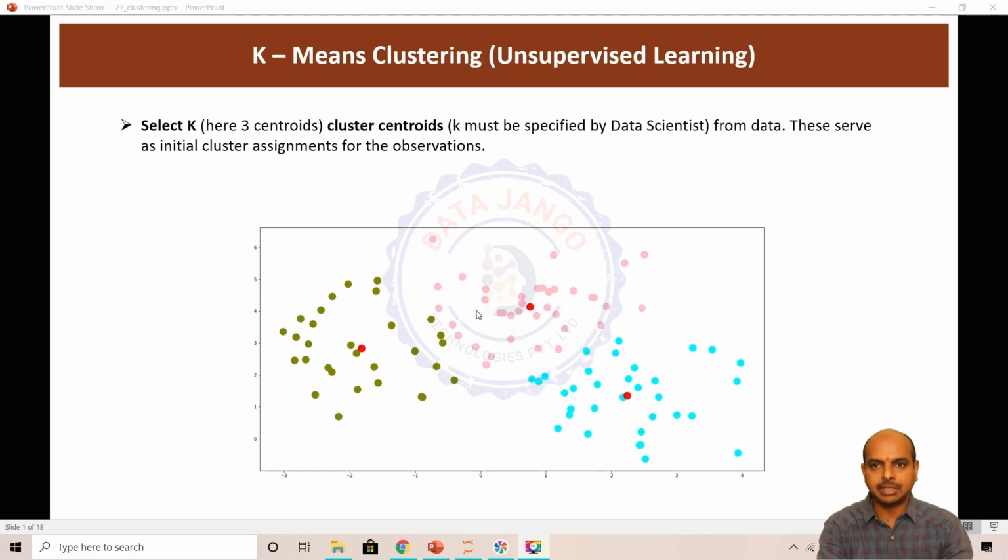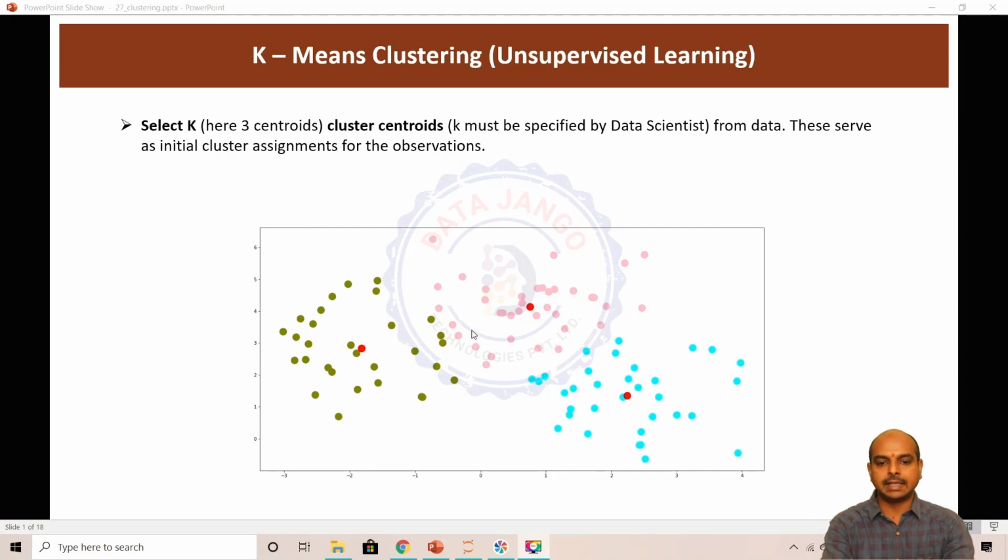Immediately the k-means algorithm will choose 3 random data points as cluster centroids, and then it measures the distance between each centroid and all the other data points in the data set. It takes the first random data point and measures the distances to all the other data points, then the second centroid, then the third.